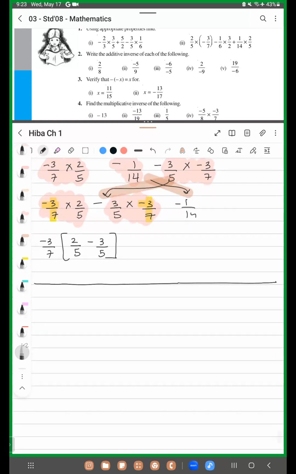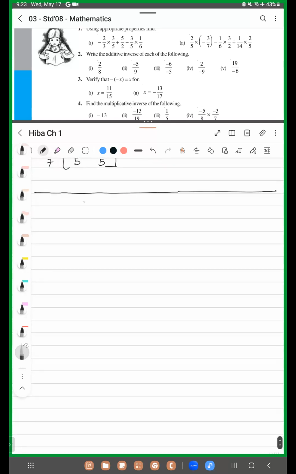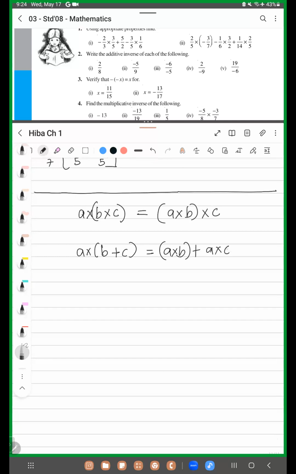I had a doubt between the associative property and the distributive property of multiplication. They are kind of similar. A into B into C is equal to A into B first, then that multiplied by C. And A into (B plus C) is equal to A into B plus A into C. Are you seeing the difference?